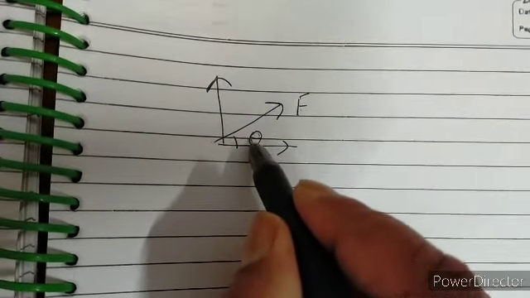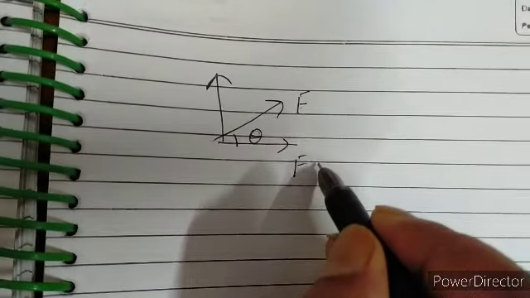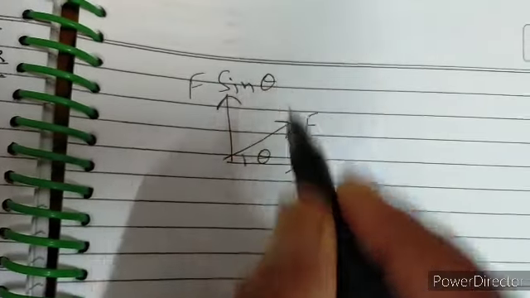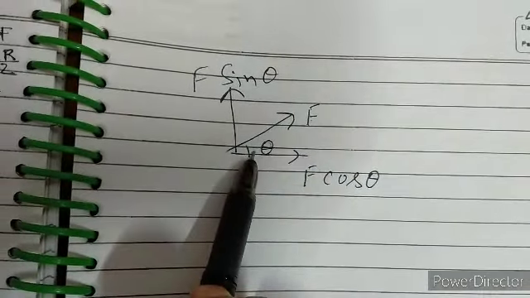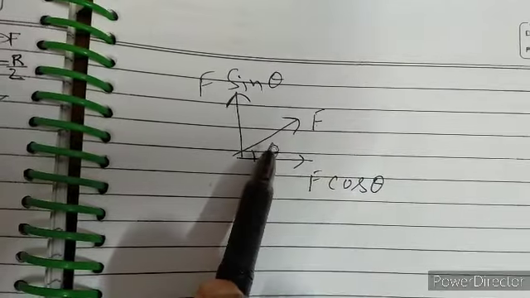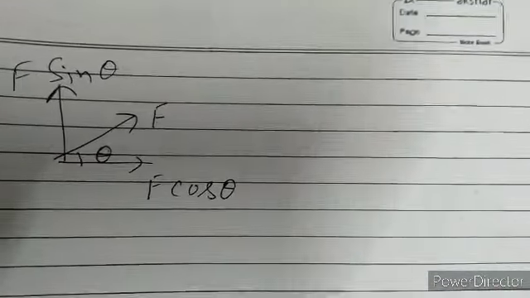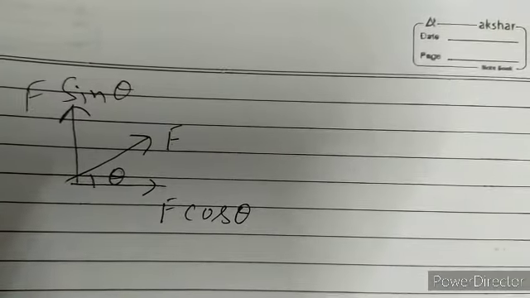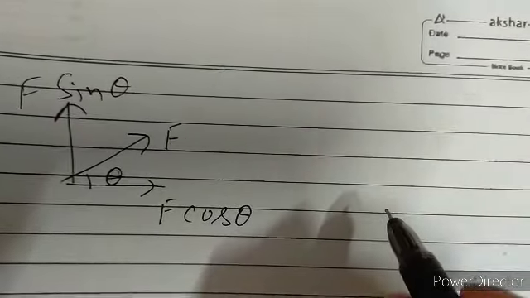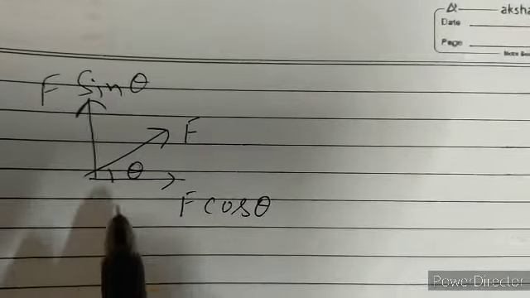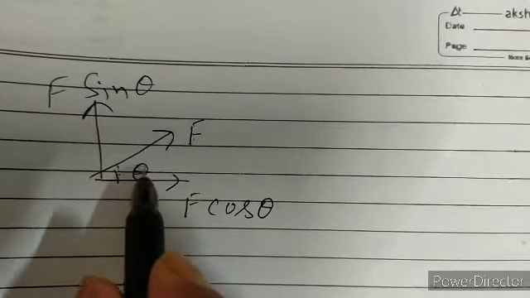This angle is theta, then this will be F cos theta and this will be F sin theta. Clear? On the side of the angle it will be cos theta, on the other side it will be sin theta. I would like to explain this only one time, because every other time you use this, you have to remember only this: towards the side of angle theta, cos theta; the other side, sin theta.